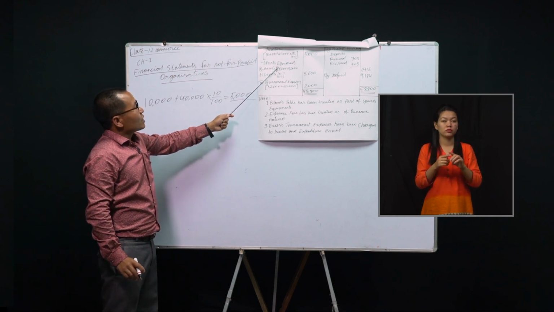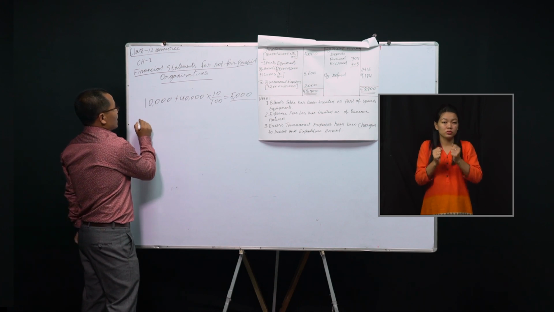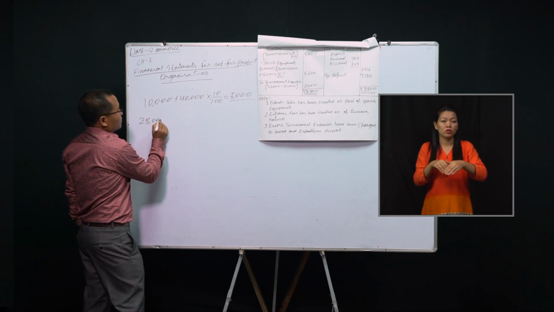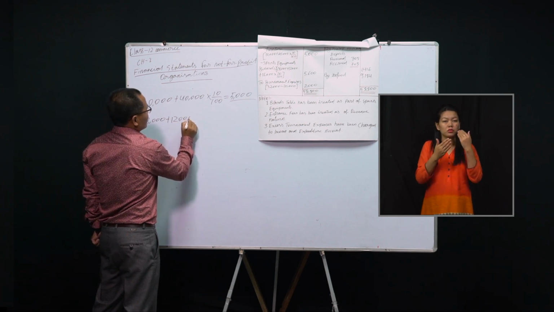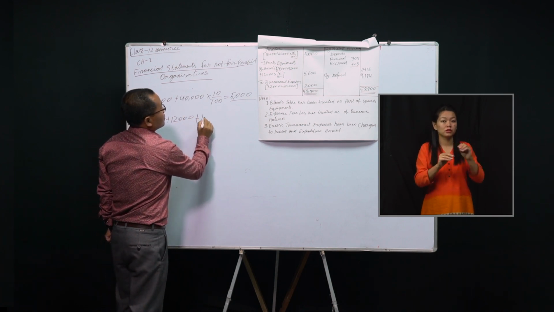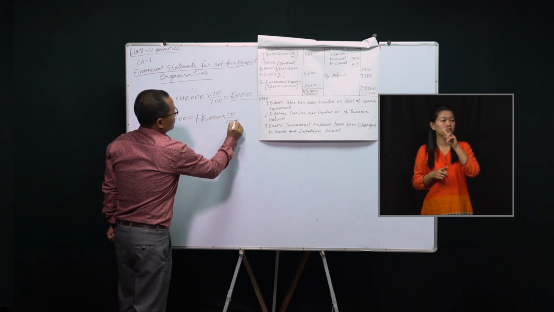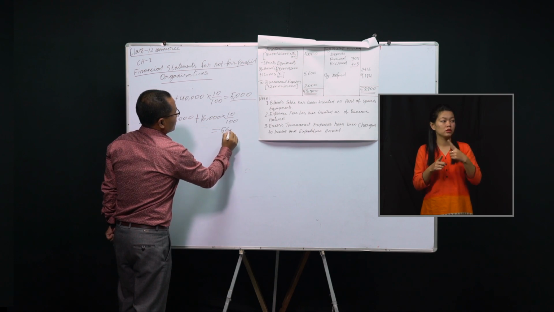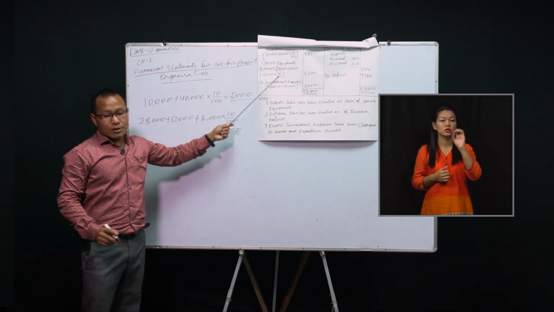Again, in sports equipments are billiards. We have 28,000 plus 12,000 plus 16,000 into 10 by 100 comes to 5,600. So you should not get confused with the sports equipments, that is billiards.